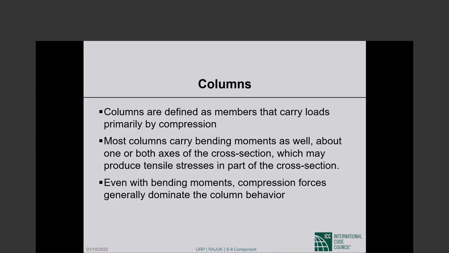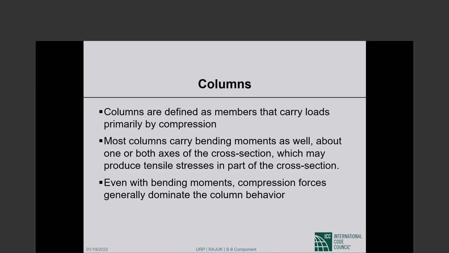If the ratio is less than 3, then the element is called a pedestal, not a column anymore. And pedestals have somewhat relaxed design rules. So in a building, height to minimum plan dimension ratio below 3 is something you will typically not encounter anyway.